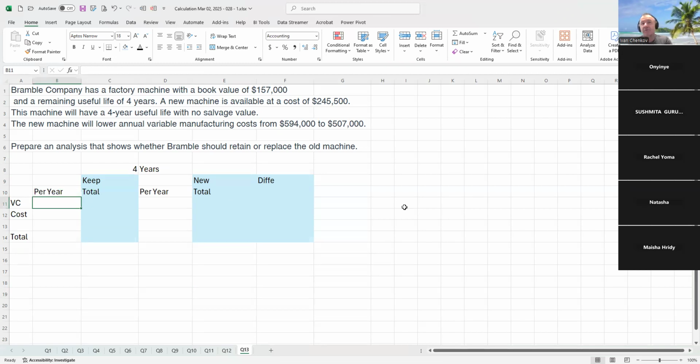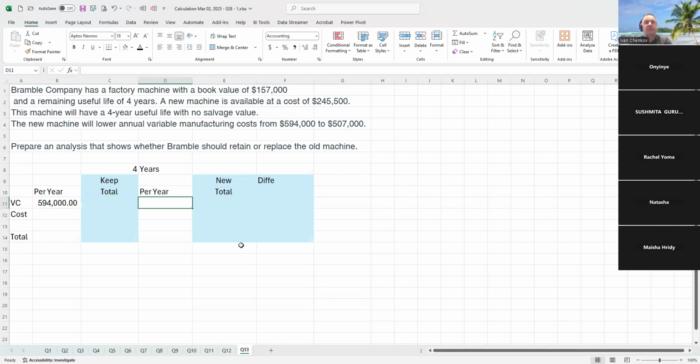If we keep the old machine, how much is the variable cost per year? Per year, for 1 year, not in total. 594 per year.